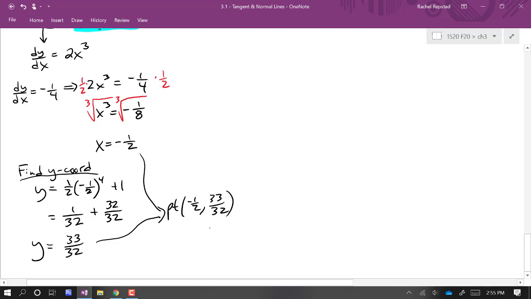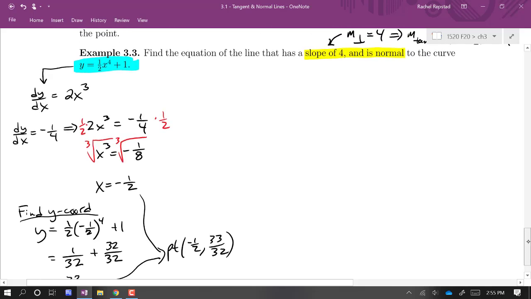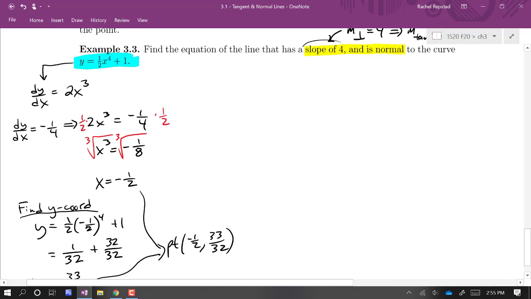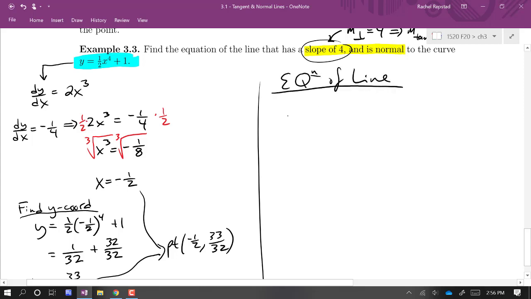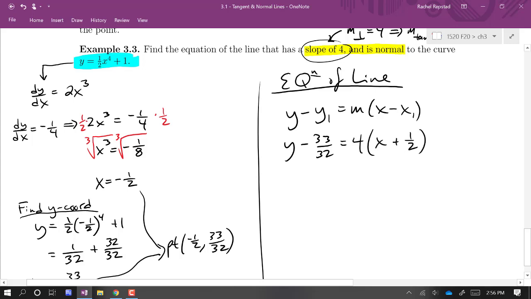So we've used calculus to help us find the coordinates of the point. We knew the slope from the beginning. Our line has a slope of 4. So now let's get the equation of the line. y minus y1 is equal to m times x minus x1. So we have y minus 33/32 is equal to 4 times x plus 1/2. It's okay to leave it in this form, or you can get it in slope-intercept form.